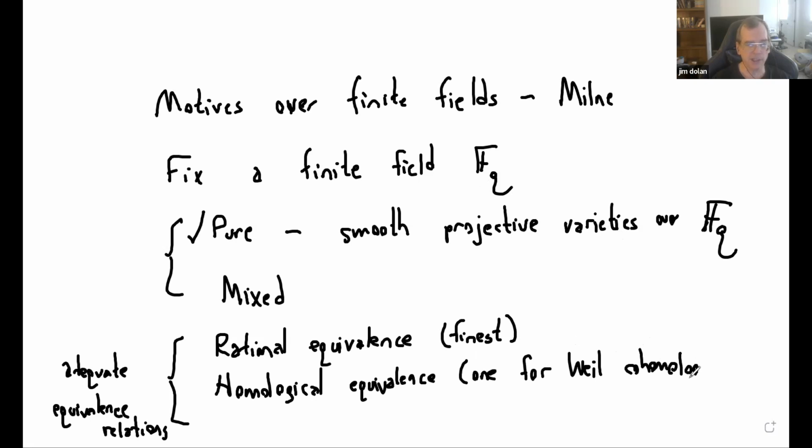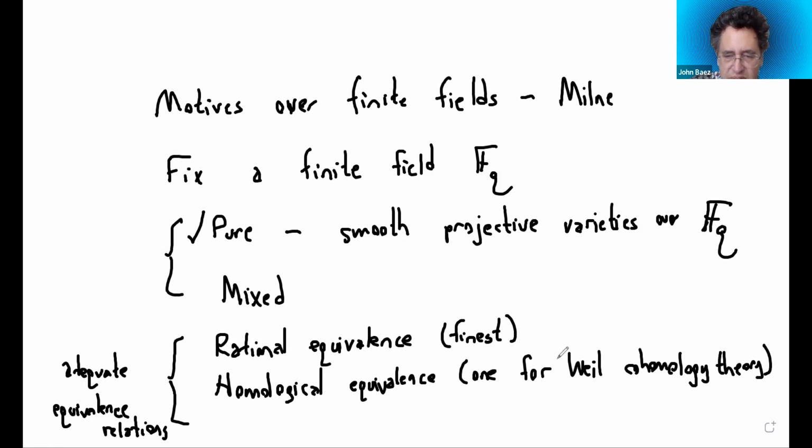So it sounds like you're saying there's a forgetful map from Weil cohomology theories to adequate equivalence relations. Yeah, that's right. Does that mean that the adequate ones aren't really adequate, that you need it to be a Weil cohomology theory?